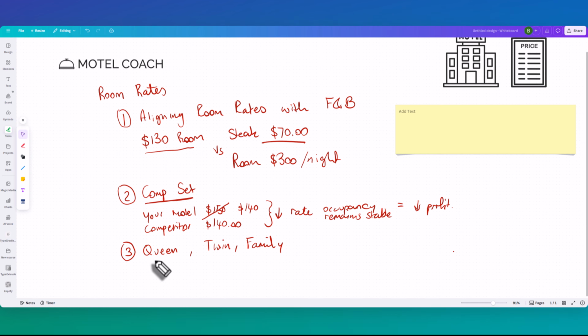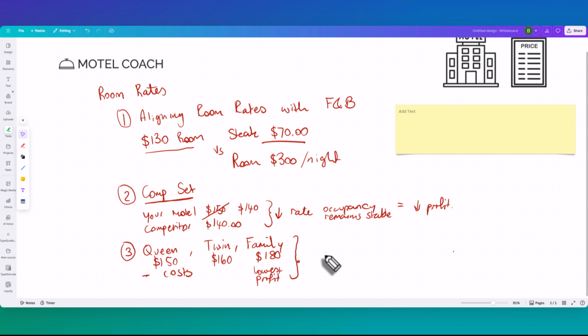And often the queen room might be 150, the twins 160, and the family might be 180. And what I noticed straight away is by the time you subtract the costs out of this, the family room is often the lowest profit room out of all of them.